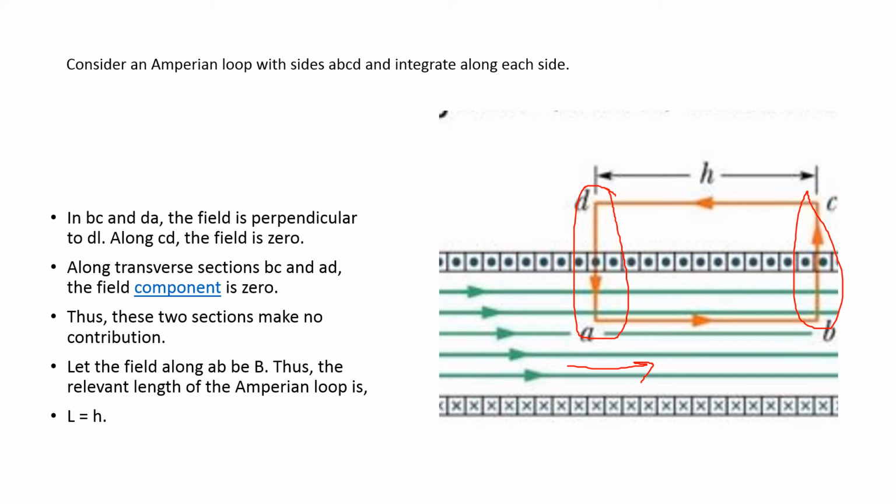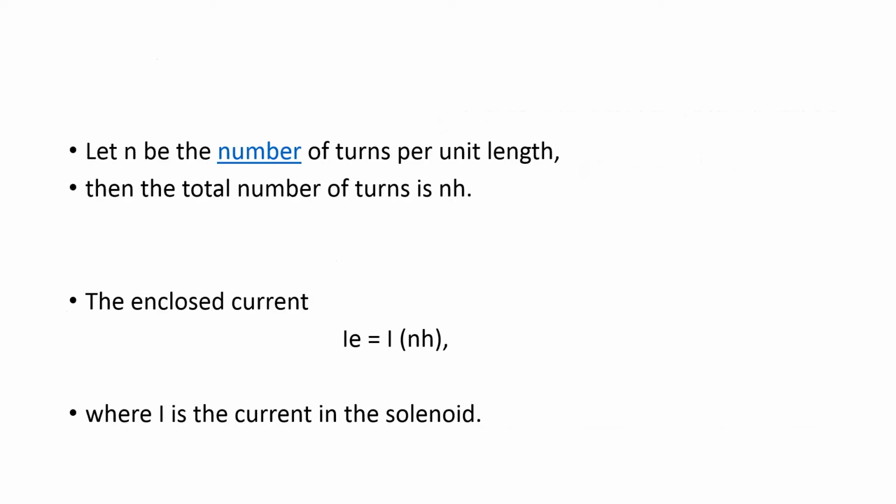The relevant length of this can be written as L is equal to h. The number of turns per unit length, if we assume, is small n, then the total number of turns can be written as nh, because n is the number of turns per unit length and the total length is h, so it will be nh.